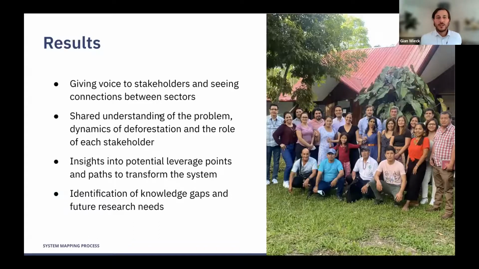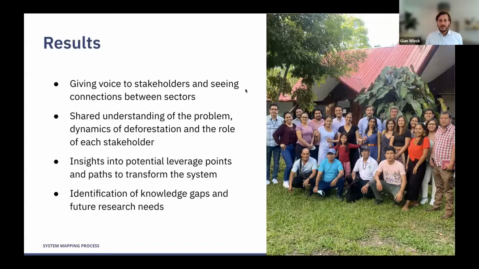And so just briefly about the results, what we gained from this project. First of all, it was really important to give a voice to those different stakeholders, especially the indigenous communities, and to see more of the connections between the sectors, so that not everyone is just looking at their part, but developing a more bird's eye perspective.